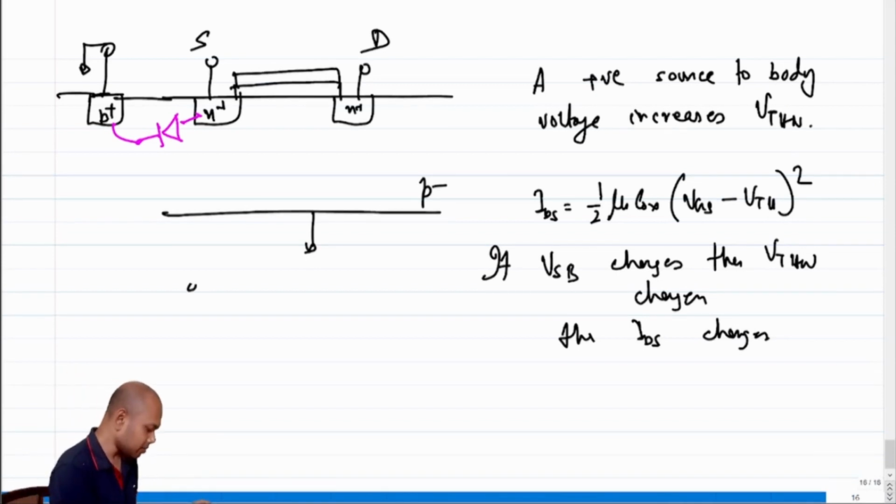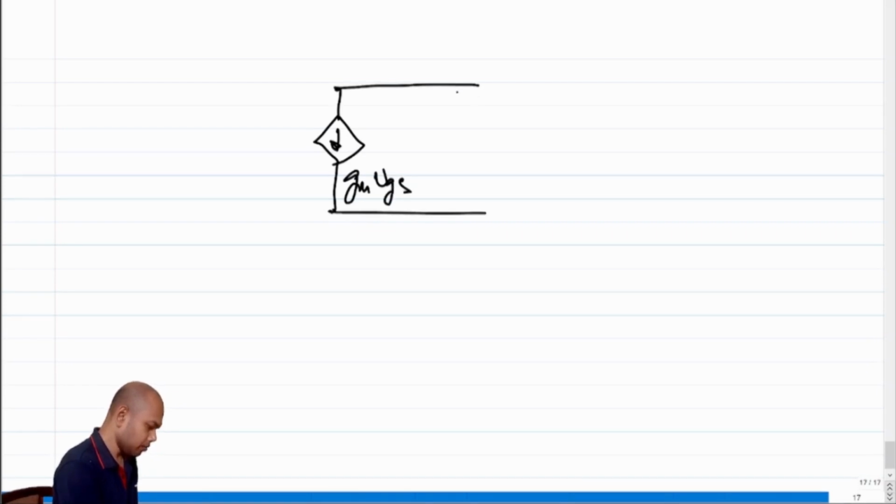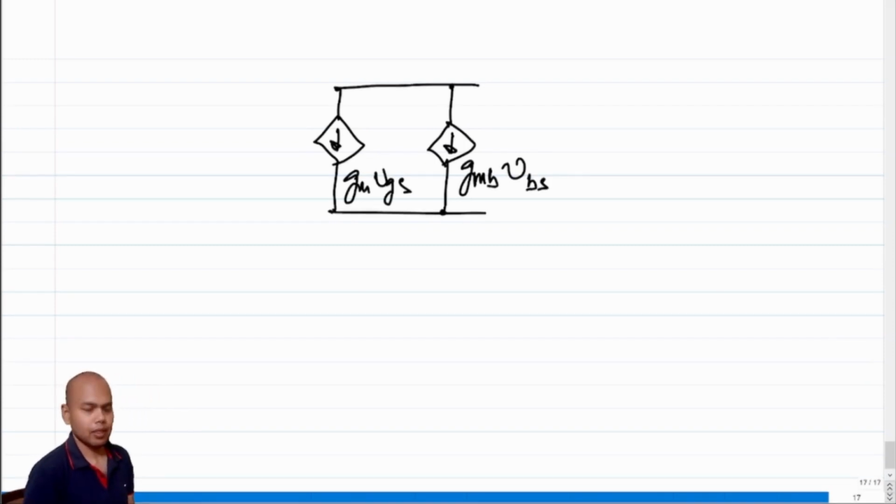So that is what is also used, and you will see in the literature in some cases that on top of gmVGS we also have an additional current source. This is called gmbVSB.